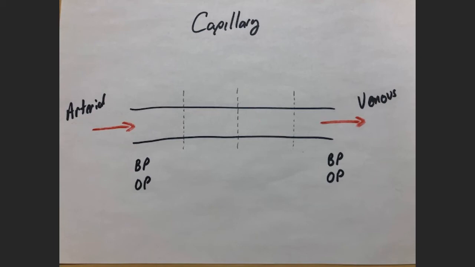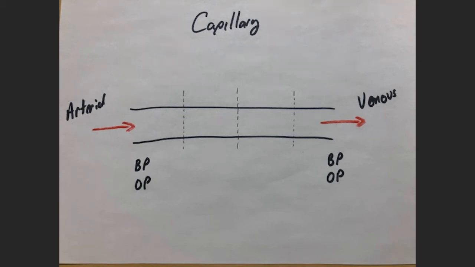So what I like to do when I'm describing how these two forces balance over the length of that capillary is that I like to break it down and simplify the problem a little bit. I like to divide the capillary up into segments.